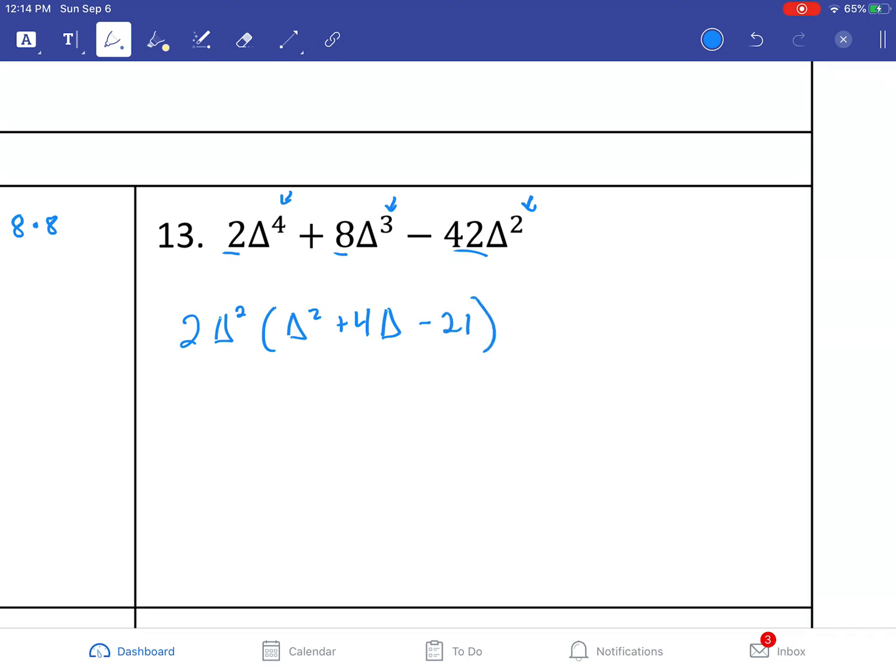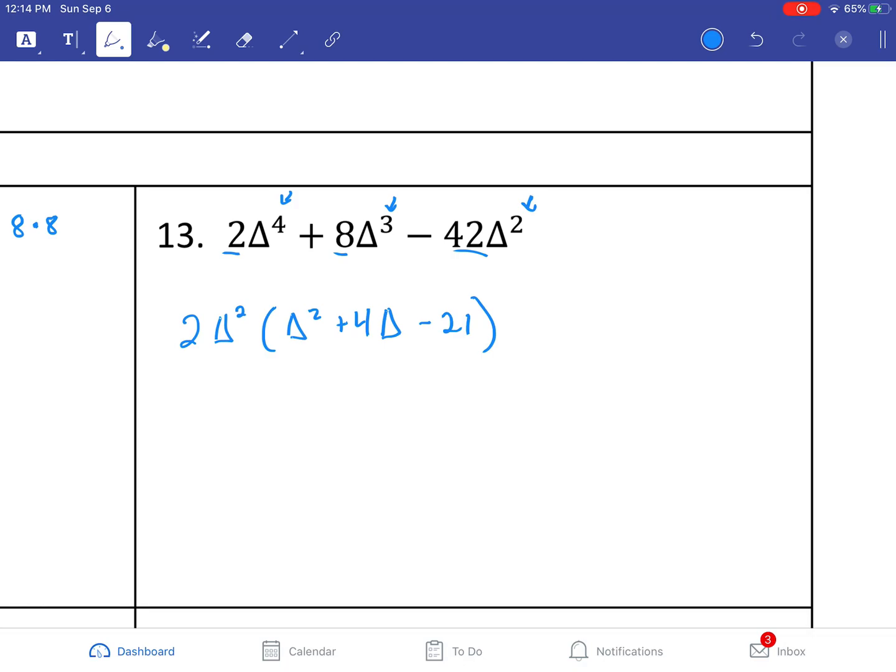Okay, so we're dividing all the terms that we started with by 2 triangle squared. That gives us what we have left in the parentheses. Triangle to the 4th divided by triangle squared, there's 2 triangles left. All right, same goes for the other things. You got 3, take out 2, you got left with 1. And you have 2 triangles, you take out 2, you're left with no triangles. Okay, and all the numbers are divided by 2.